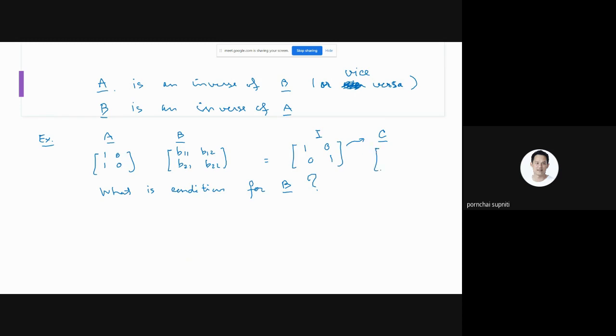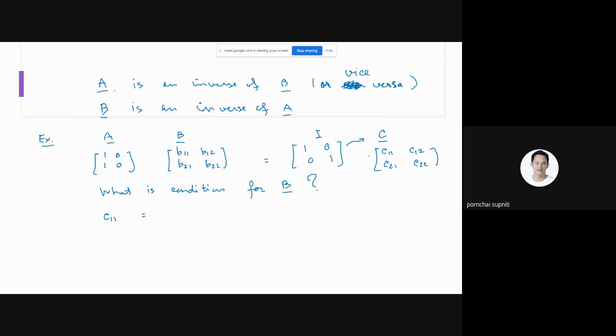So if I write this C as C11, C12, C21, and C22. From previously, we said that C11 comes from the first row of A multiplied with the first column of B, right?